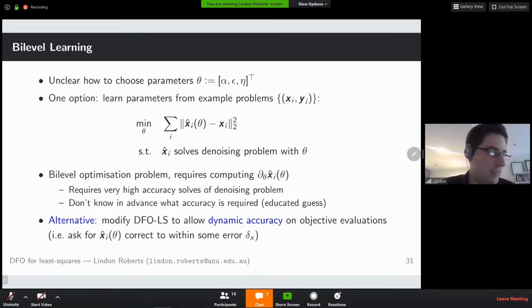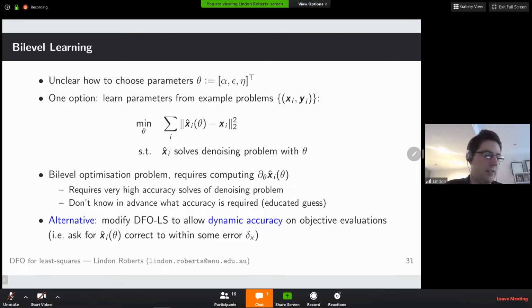In practice, this can be quite difficult to do because you then need the gradient of x hat, the solution to an optimization problem, with respect to a particular choice of parameters in your problem. And you can do this with the inverse function theorem, but you need very high accuracy solutions to your denoising problem all the way through as you solve this bi-level optimization problem. And so what we've done is we've modified DFOLS to allow dynamic accuracy on its evaluation.